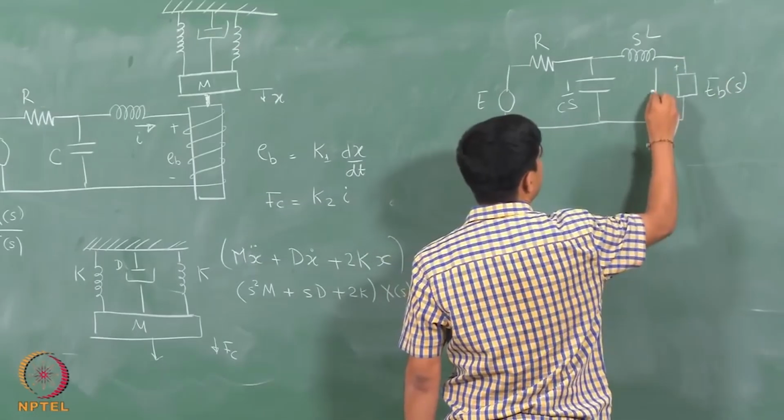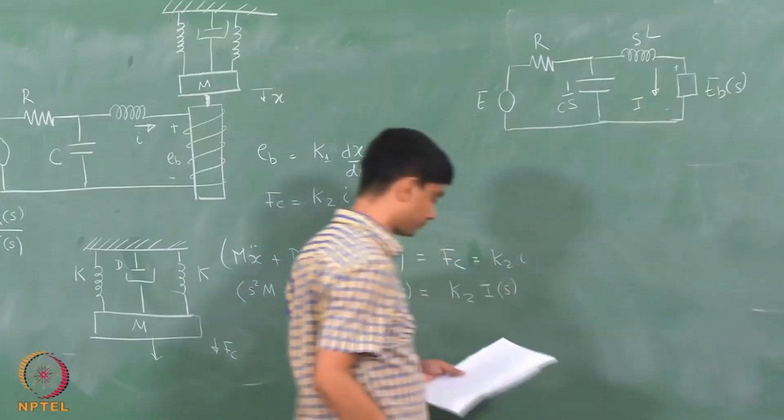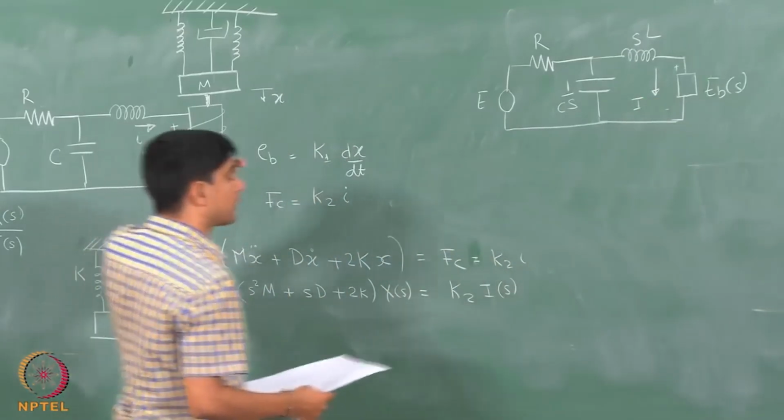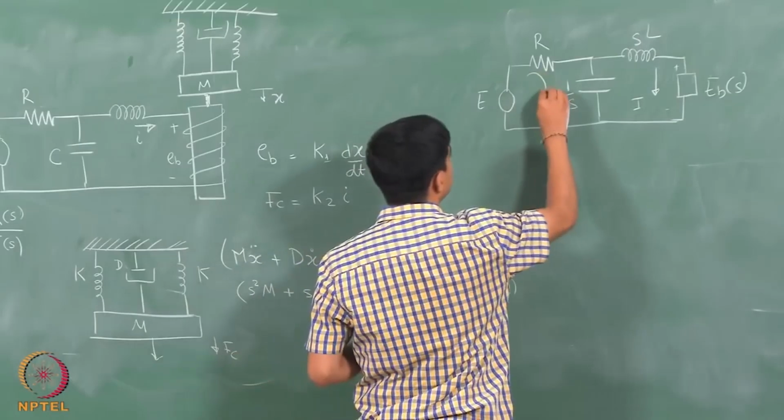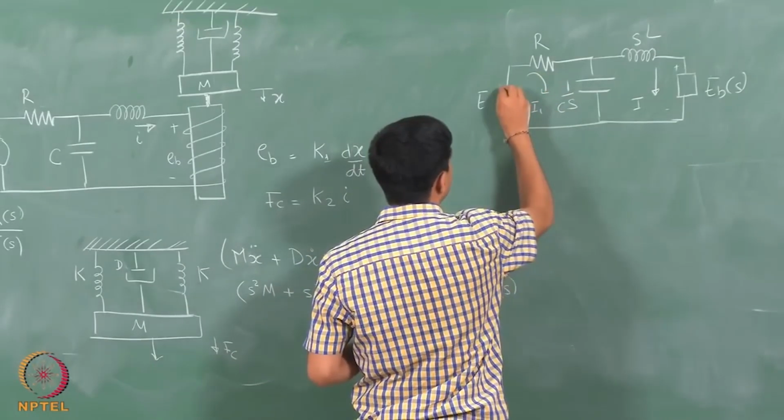Okay, and this is the current I which I am interested in here. Okay, and let me call this current over here as I1, right.